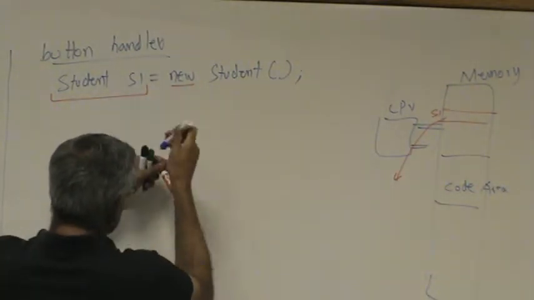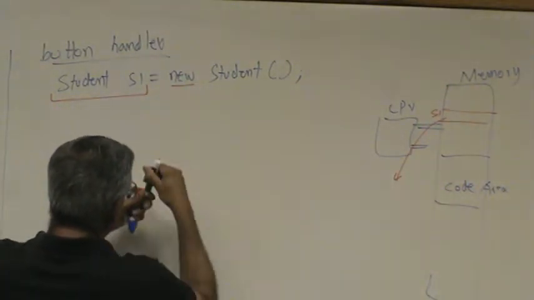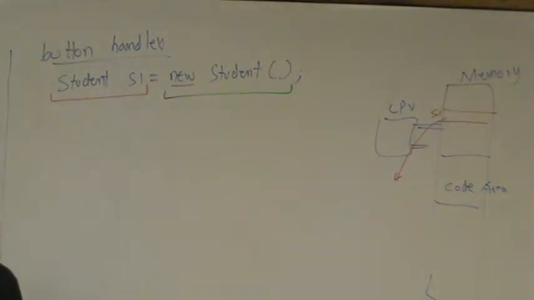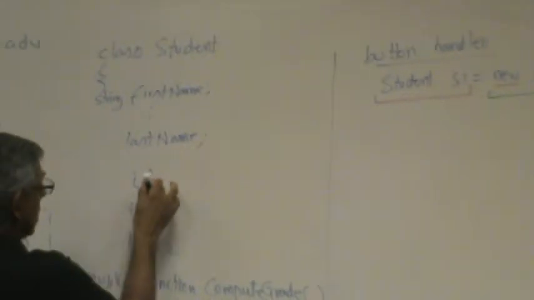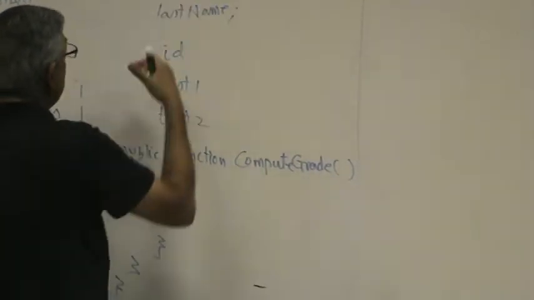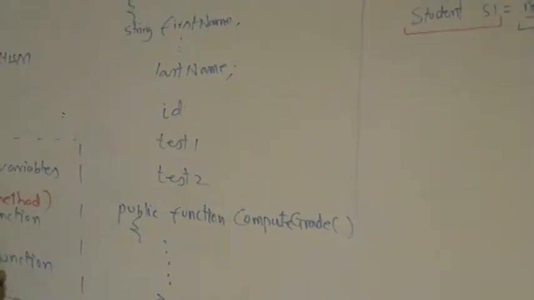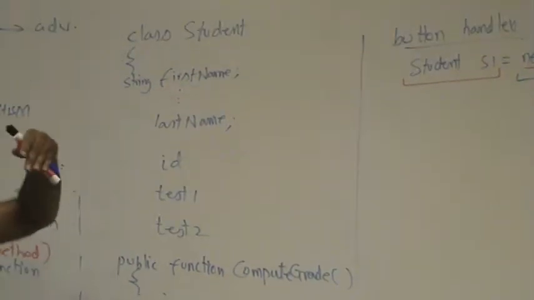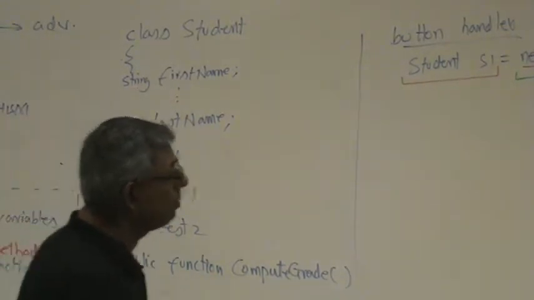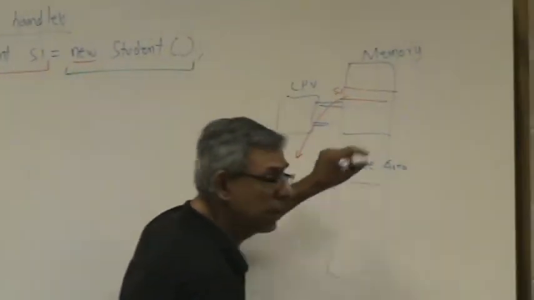Now we take a look at the second part, which is new Student. The computer will go and check how many fields we have. Remember the public property is basically a wrapper for the get and set, so the public property will go into the code area.